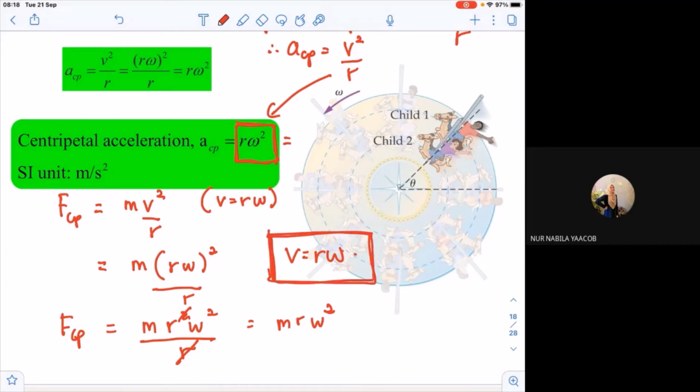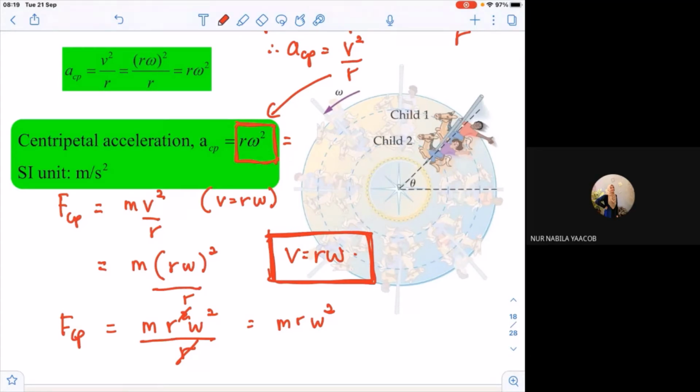These are the connections between linear velocity and angular velocity. And the unit for centripetal acceleration is still meters per second squared because it is an acceleration. Okay, so don't forget that when we interpolate the centripetal acceleration.